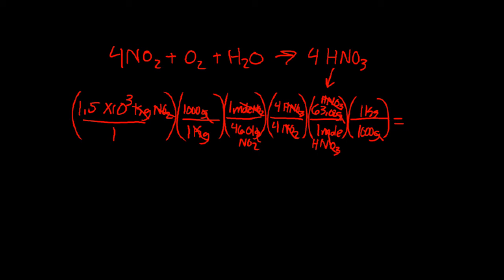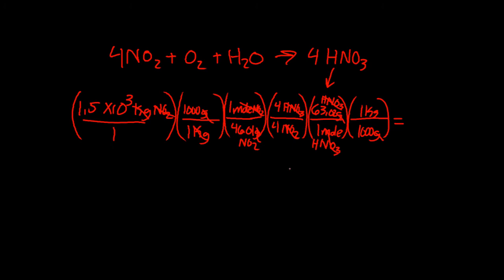And so if we do all of that math, we have 1.5 times 10 to the third times 1,000 divided by 46.01 times 4 divided by 4, just leave that out, times 63.02 divided by 1,000.